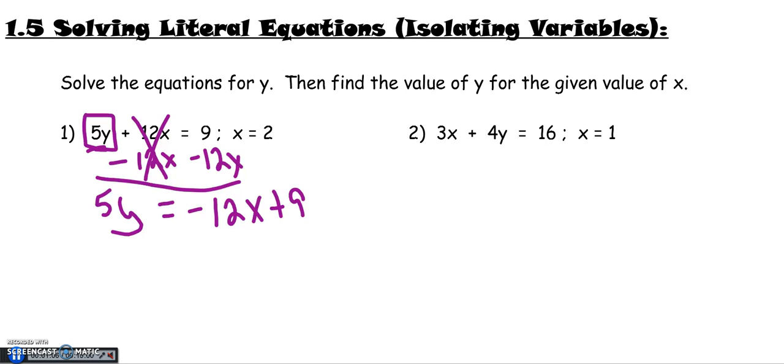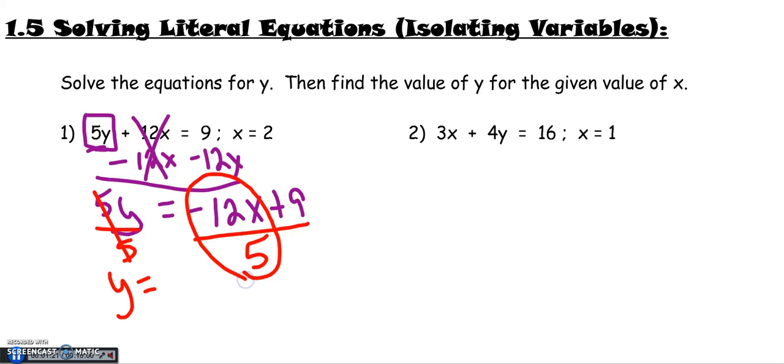And then to get just the y, we need to divide by 5. We're going to divide everything on the right-hand side by 5. So these 5's cancel out. So we have y equals. It's kind of like a division distributive property. We're going to divide each one of the pieces by 5.